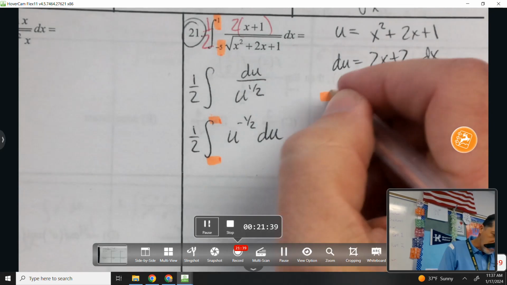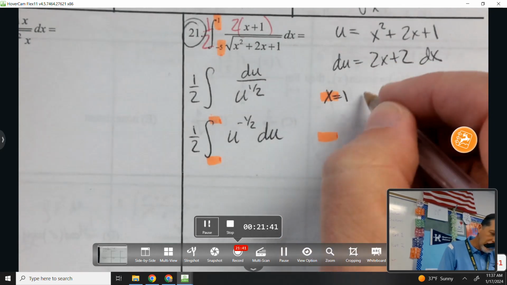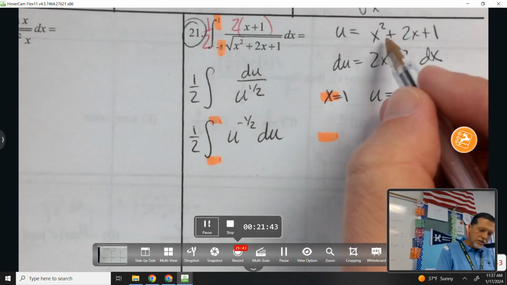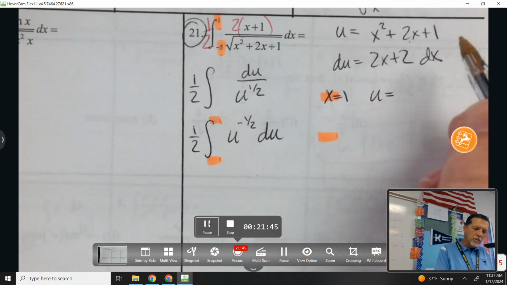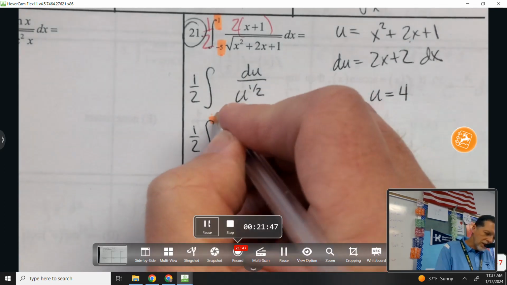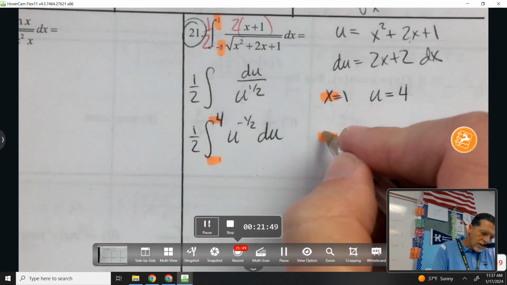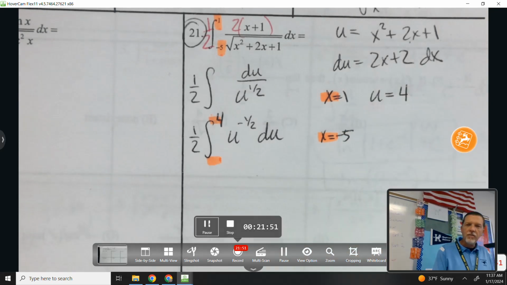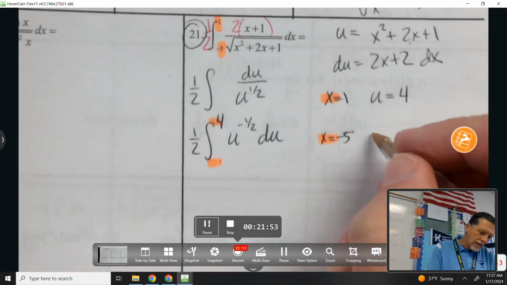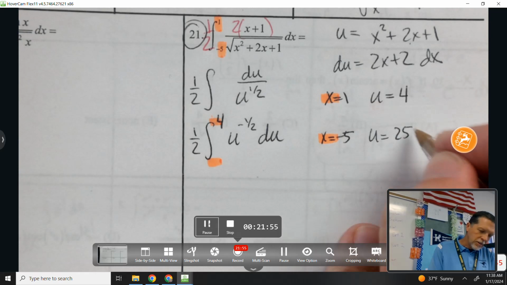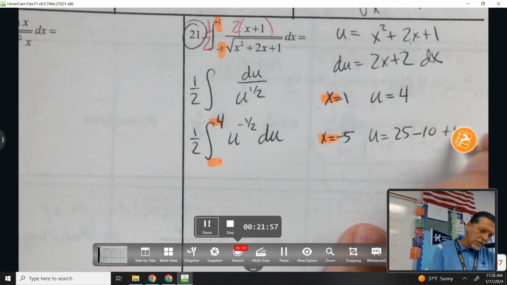So if x equals 1, u equals 1 plus 2 plus 1 is 4. And if x equals -5, that one's a little bit harder. 25 minus 10 plus 1 is 16.